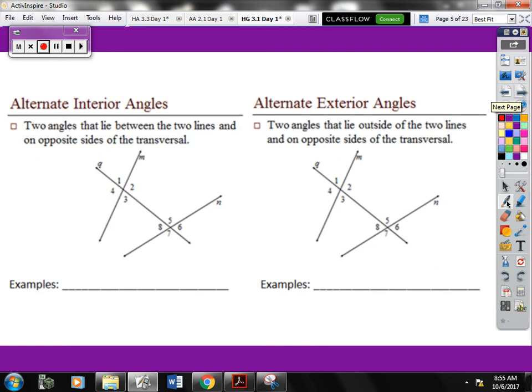Alternate interior. Alternate interior angles are 2 angles that lie interior, inside of the 2 lines, and they alternate. They go on opposite sides of the transversal. Actually, let me go back 1 second.